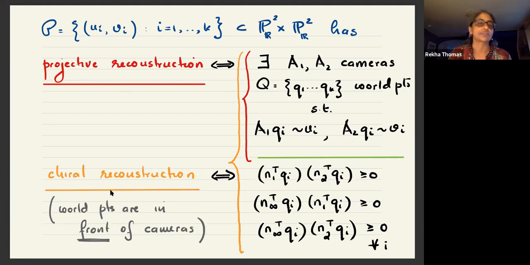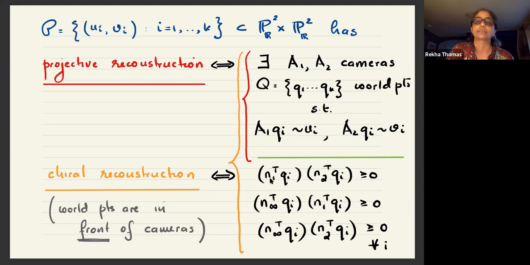So chiral for sign in some sense. And informally, what this means is that we want the world points to be in front of cameras, not behind cameras. And that in turn is guaranteed by satisfying a bunch of inequalities. So I will have a bunch of inequalities that are given in terms of the principal rays of my two cameras.